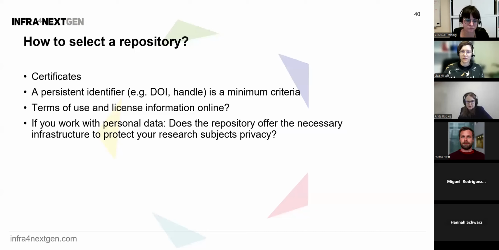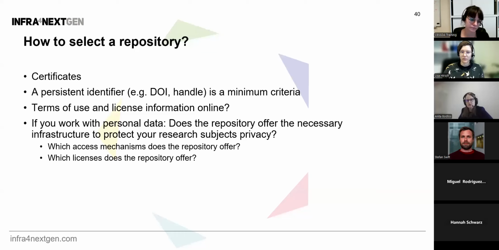If you work with personal data, it's essential to check whether the repository you consider offers the necessary infrastructure to protect your research subjects' privacy. So check which access mechanisms the repository offers in case you require your data to be restricted instead of open access. And also check which licenses the repository offers.